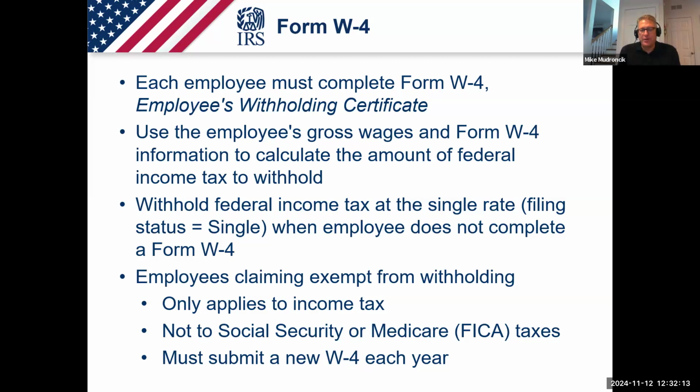So I think we're probably all aware that on the income tax return that we file with the IRS, the Form 1040, we identify whether we're filing as a single taxpayer, as someone who's married filing joint, and there are a couple other categories. But if the individual that you're employing does not give you a signed Form W-4, you're going to withhold income tax as if that individual is a single person.